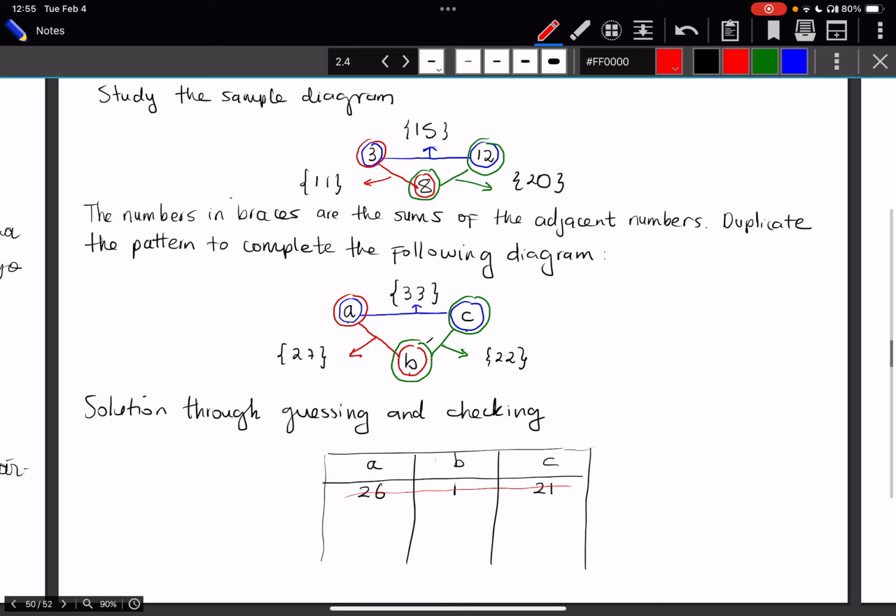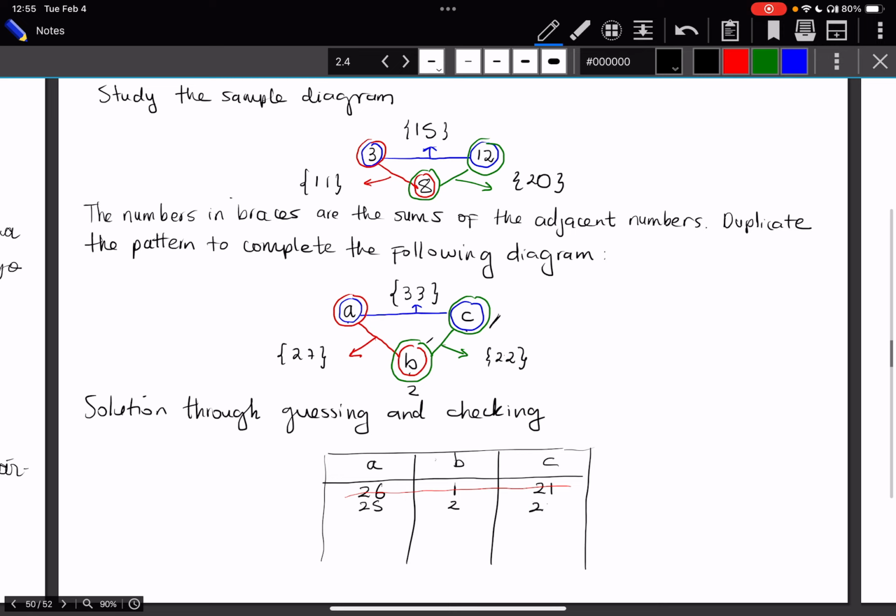We can try different values for B. I'm just going to choose 2 next, just because it's the number that comes right after 1. With 2 for B, we need A, so that A plus 2 is 27. A will give us 25. And then we need to find C, so that C plus 2 is 22.